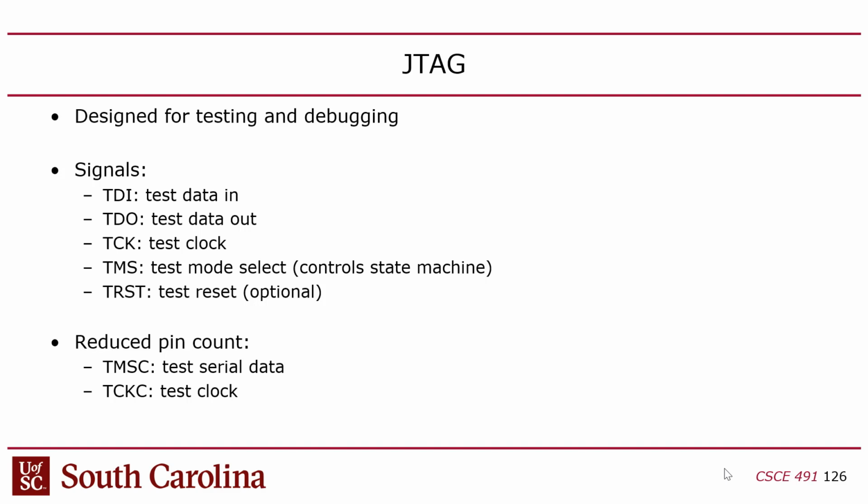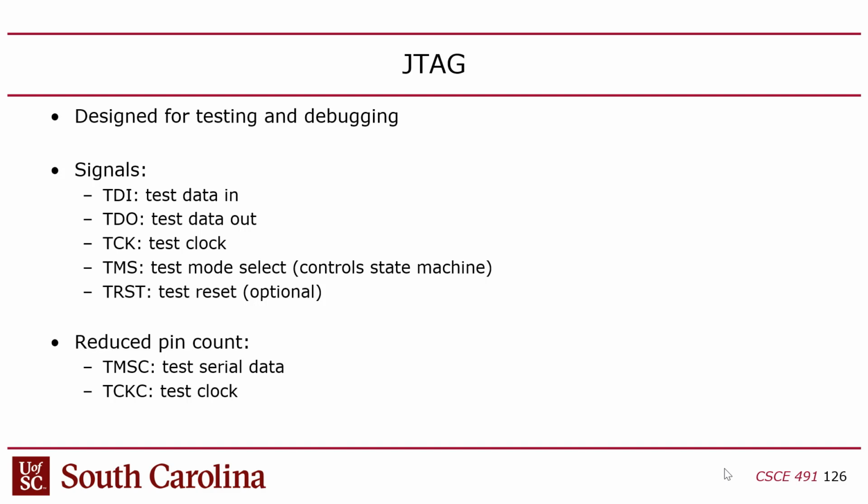So JTAG was the solution. JTAG is a serial protocol, and it uses a technique where you connect all of the internal registers, at least in concept, in this gigantic shift register. So if you want to read what's inside the chip, you just shift all the bits out one at a time in sequence.